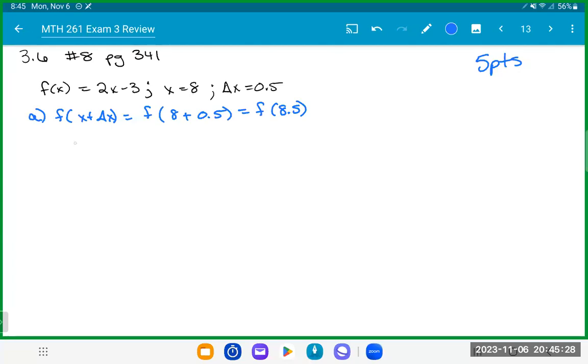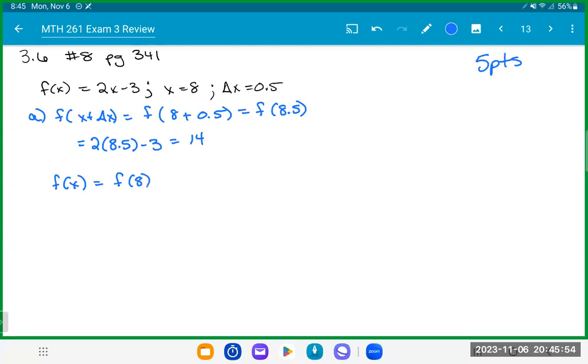Okay, so that is 2 times 8.5 minus 3, so that is 14. So our f evaluated at x plus the change in x is 14. So now let's look at just f of x.